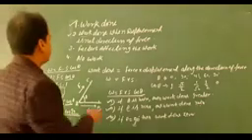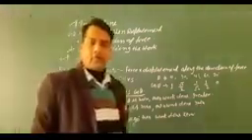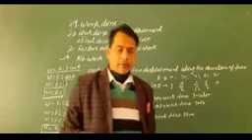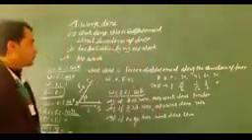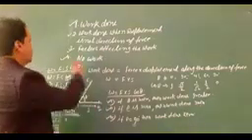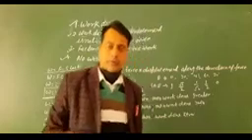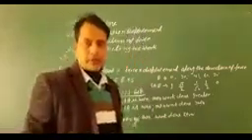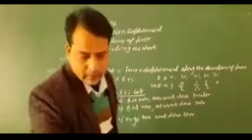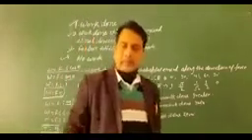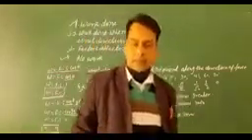Now the next topic is no work. In terms of work done, there are two conditions for no work. The first condition: when force acts on any object but the displacement is 0, then work done will be 0.